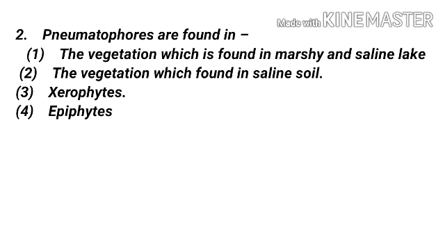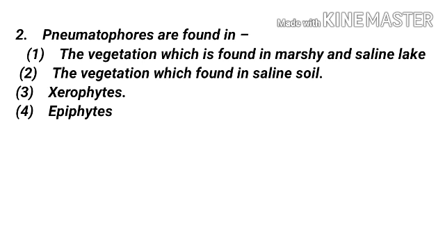These are the roots which are developed in saline marshy soil. The first option is the vegetation which is found in marshy and saline lake. This is lake, not correct. Second is the vegetation which is found in saline soil. Third is the xerophytes, and fourth is the epiphytes.